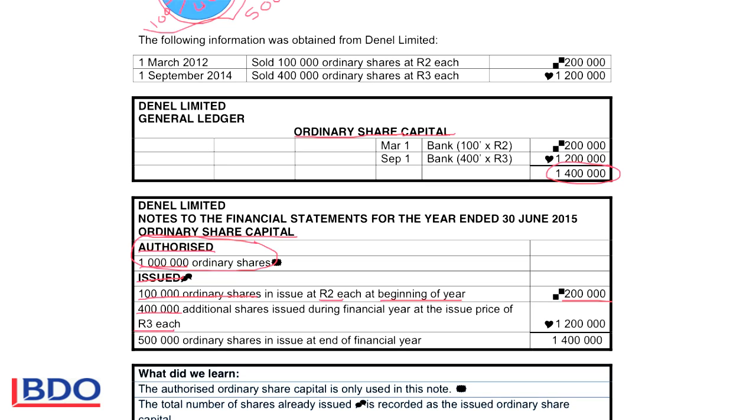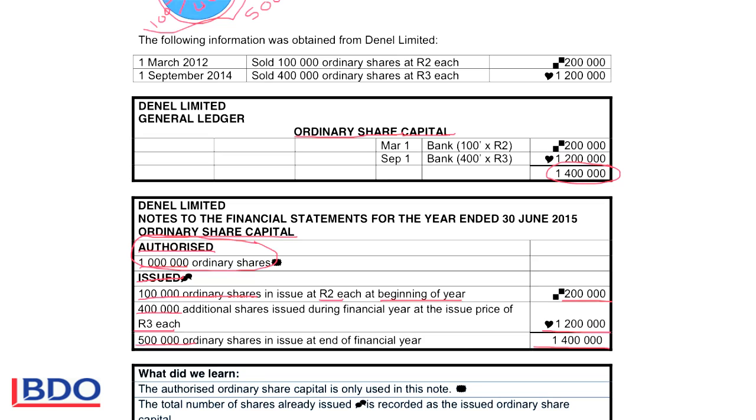So the movement during the year for shares that were sold was 1.2 million. Now, how many shares do you have at the end of the year? The 100,000 plus the 400,000. So we have 500,000 ordinary shares at the end of the year, and the money that was obtained for those 500,000 shares was 1.4 million.